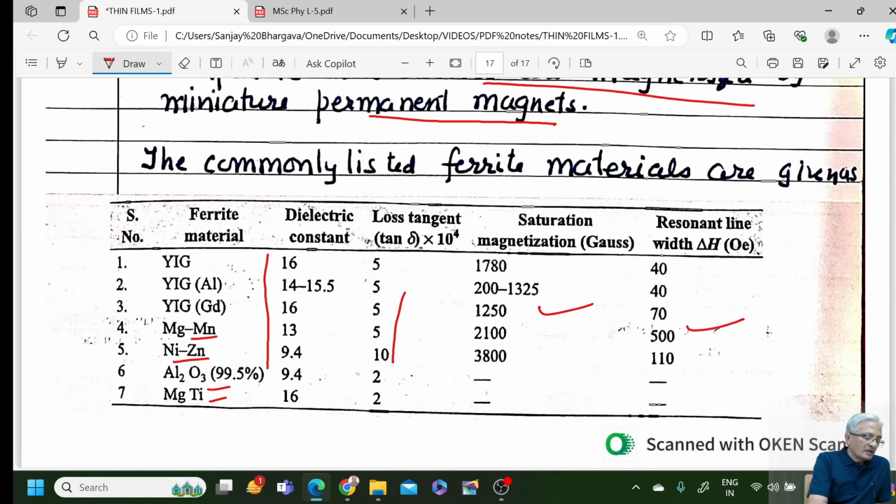So these are the different properties that are desirable for the various types of selection of materials. Hope that you have been able to follow MMICs, their material selection, in detail very clearly.